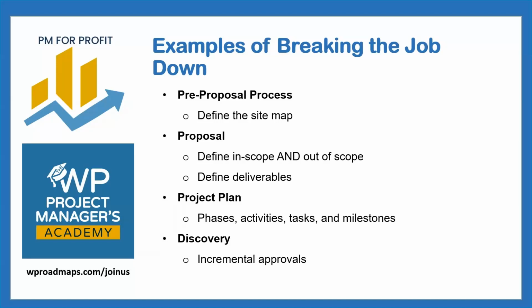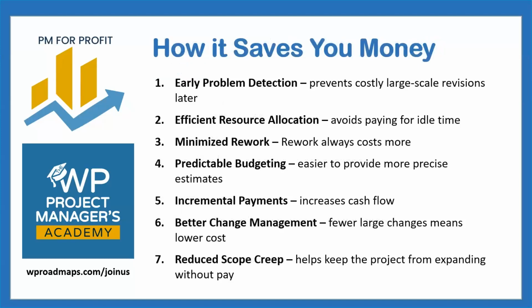And finally, let's look at exactly how breaking the job down can save you money. Some of these are things I've already mentioned, like early problem detection. It prevents really costly, large-scale revisions later because you can catch things way earlier. Efficient resource allocation. It avoids paying for idle time.